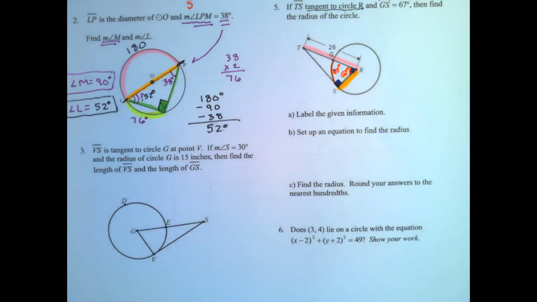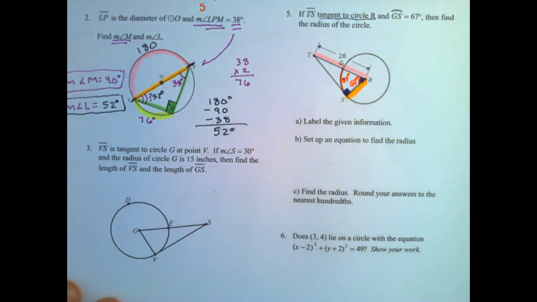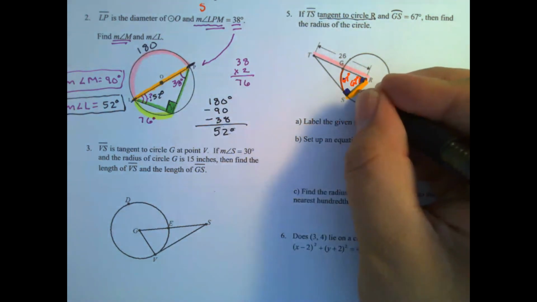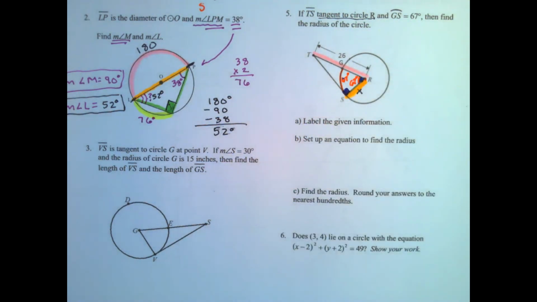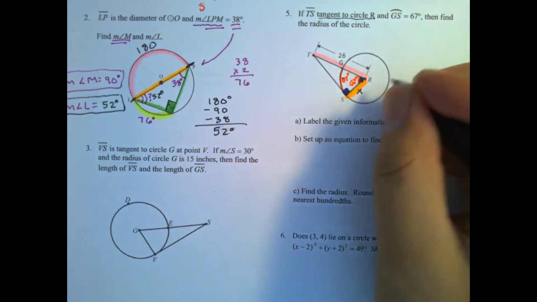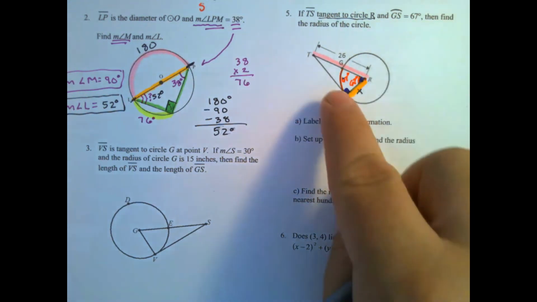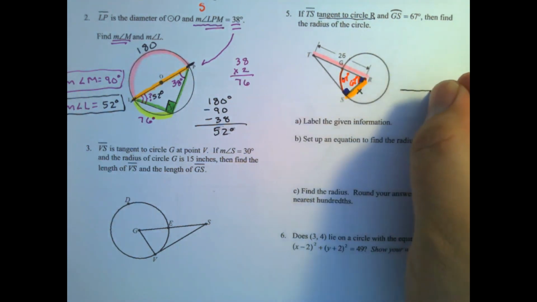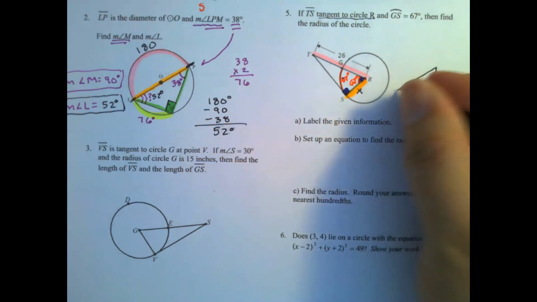So here's the thing. There's only one other thing in math, right? As soon as a right triangle shows up, yes, 180 is available. Pythagorean might be available, not here, right? We're trying to find this radius here. But there is one last thing. They gave me an angle. So check this out. I'm going to redraw this triangle just so that you can see it here without all that extra stuff.